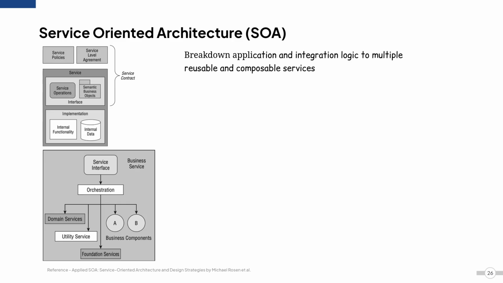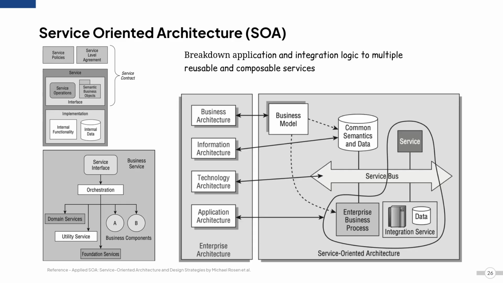And the actual implementation is different from that interface. That's how it has been working, and it works really well. And traditionally, service-oriented architecture has been tied with something called the service bus or enterprise service bus. So you have the service, and you have the enterprise service bus that does some integration services and data services.